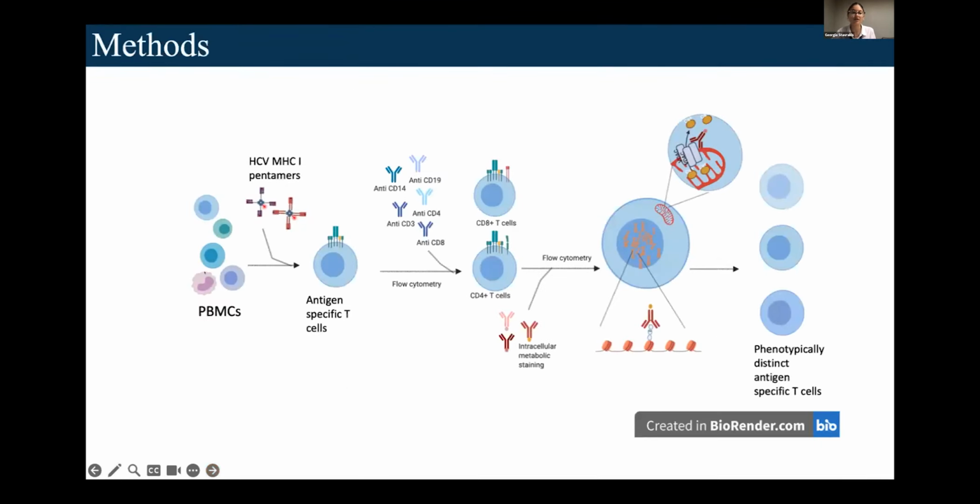So this is the workflow here where we stain with 2 different HCV-specific MHC class 1 pentamers. We do our surface stain and intracellular stain with our 27 color flow panel, so then we can get phenotypically distinct antigen-specific cells.